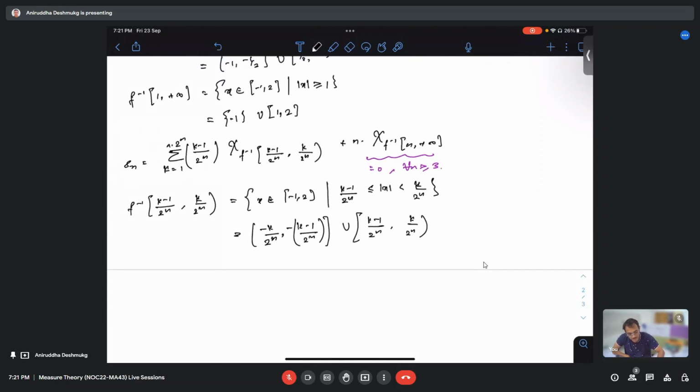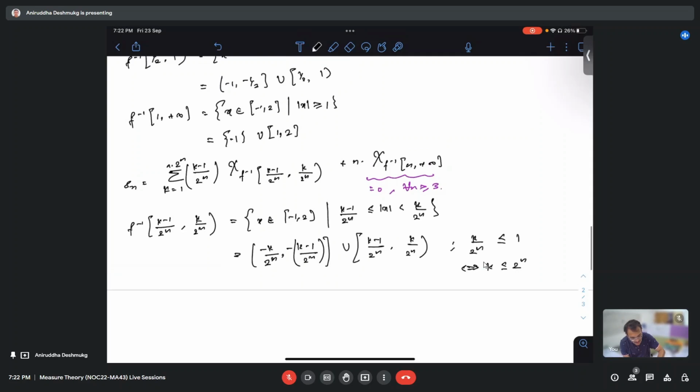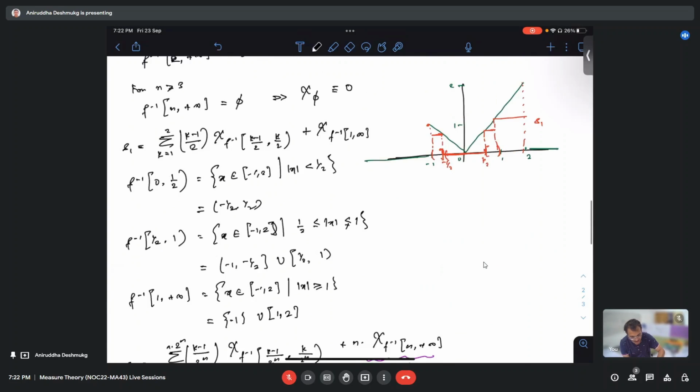So this is only true when k/2^n is less than or equal to 1, or what is the same, k is less than or equal to 2^n. Even when k is equal to 2^n it is not more than 1, so this is correct.